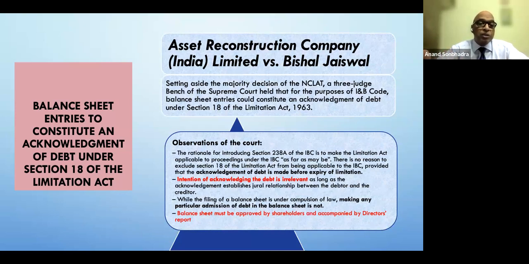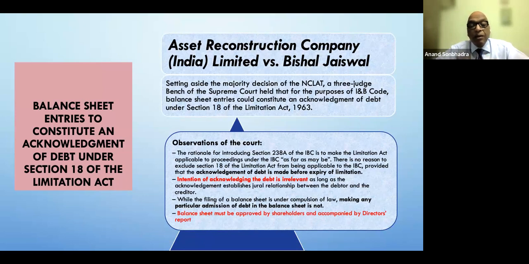To file with MCA, and all of you know this, I'm just repeating contextually, a balance sheet which is to be filed has to be audited, taken on record by the board, signed by 2 directors, and then adopted in the AGM or EGM shareholders meeting.